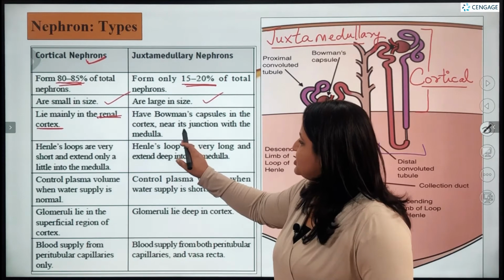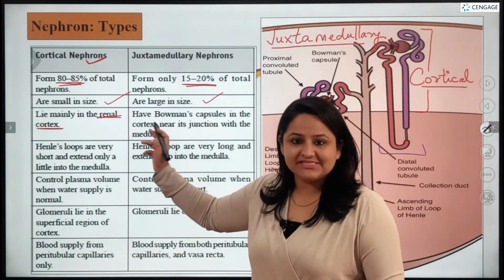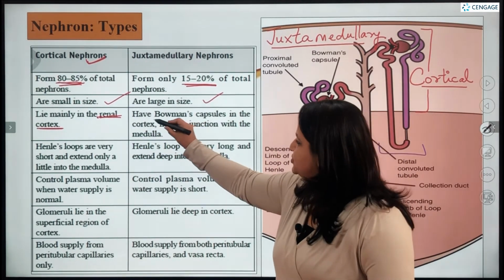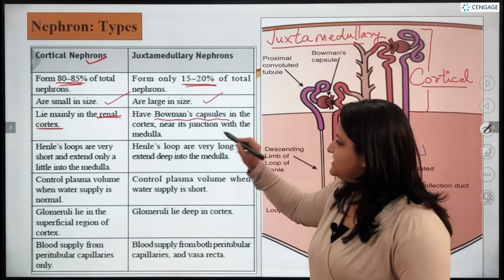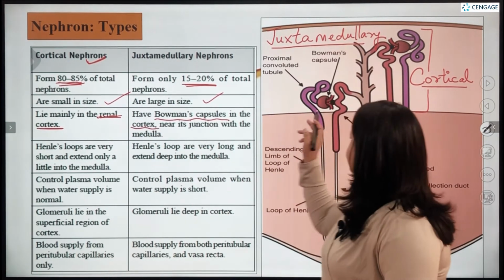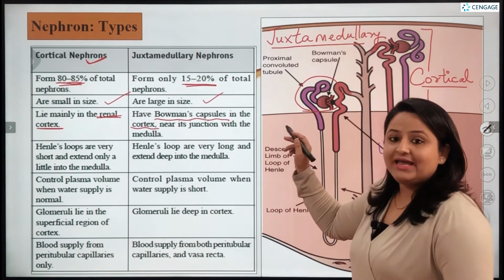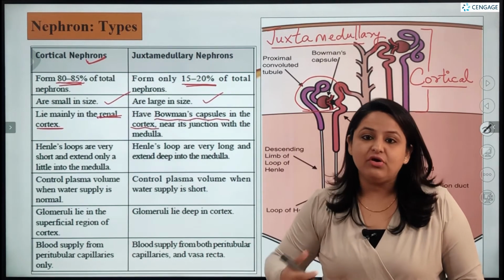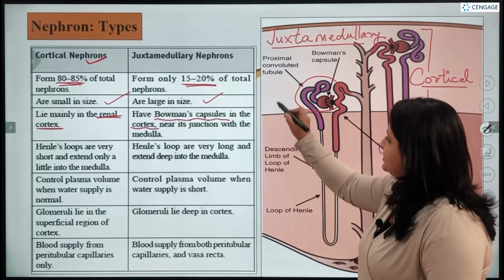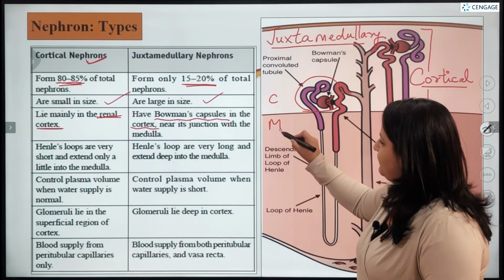Whereas if we look at the juxtamedullary nephrons, here we can see that the Bowman's capsule and PCT, DCT lie in the cortical region, but they are lying towards the junction of the cortex and medulla. So this is the cortex part and this is the medulla part.